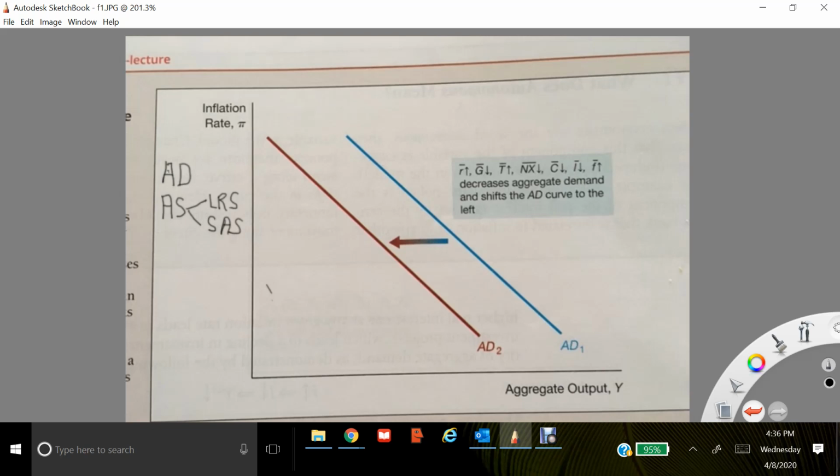So when you put essentially these three curves on a graph, you'll be able to solve for equilibrium output and equilibrium inflation. Okay, the star stands for equilibrium.